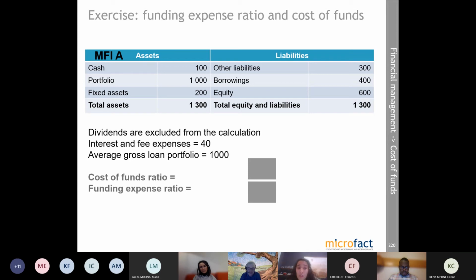Nobody? Cost of funds? No. Shall I go back to the definition? Cost of funds, yeah.